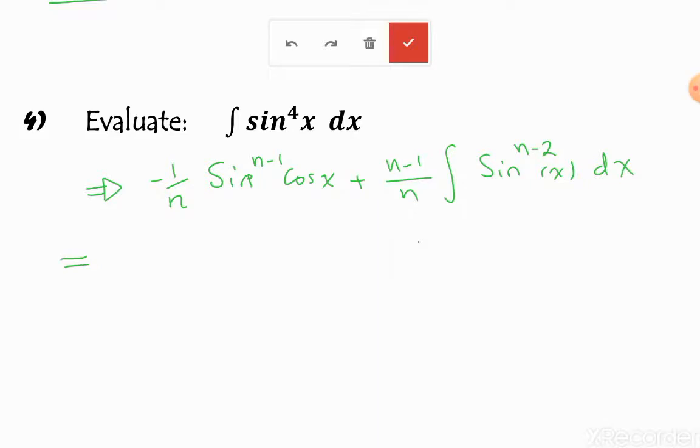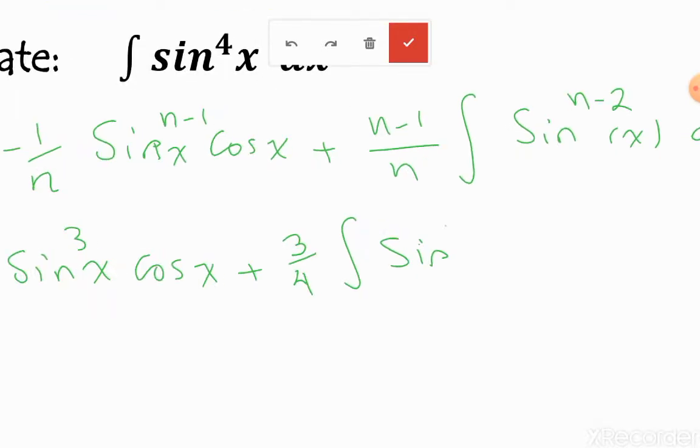This is the rule. Our answer will be equal negative 1 over 4, then sine to the power of 3x cosine x, plus 4 minus 1 is 3 over 4, the integral of sine to the power of 2 of x dx.